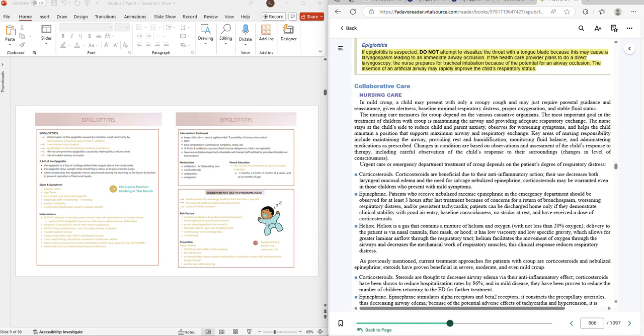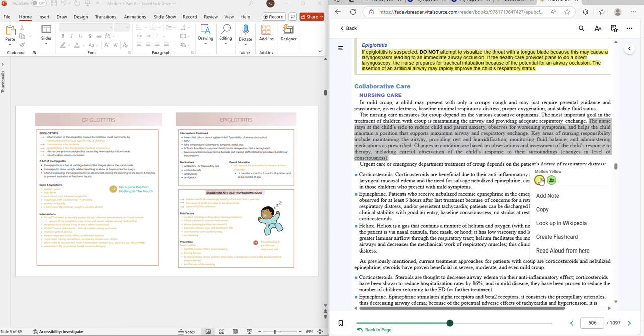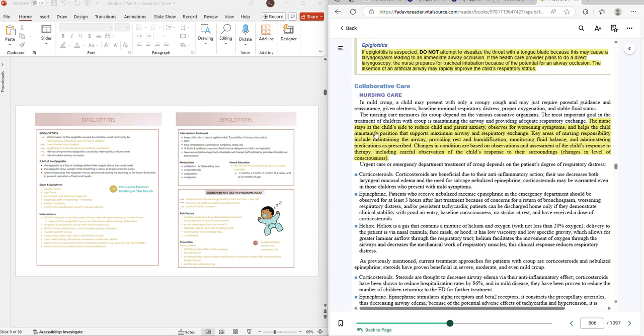We encourage, as nurses, those parents to stay at bedside, okay? We want to keep the child as calm as possible, okay? So Wink and Lollipop, encourage parents to stay at bedside, okay? Very important.